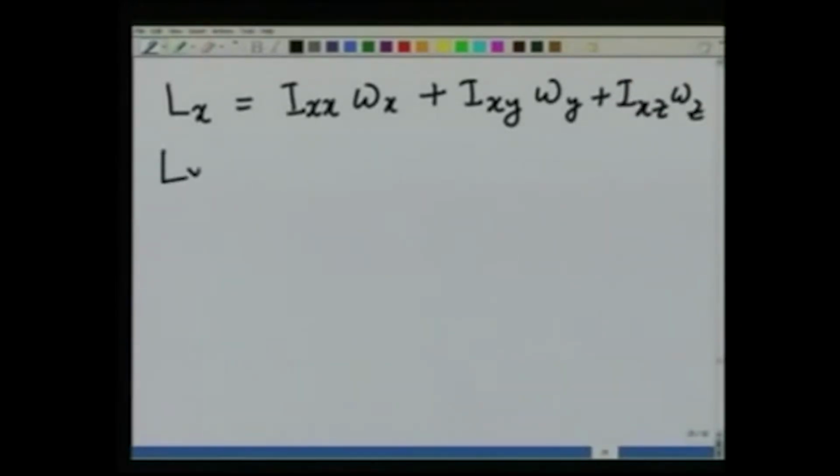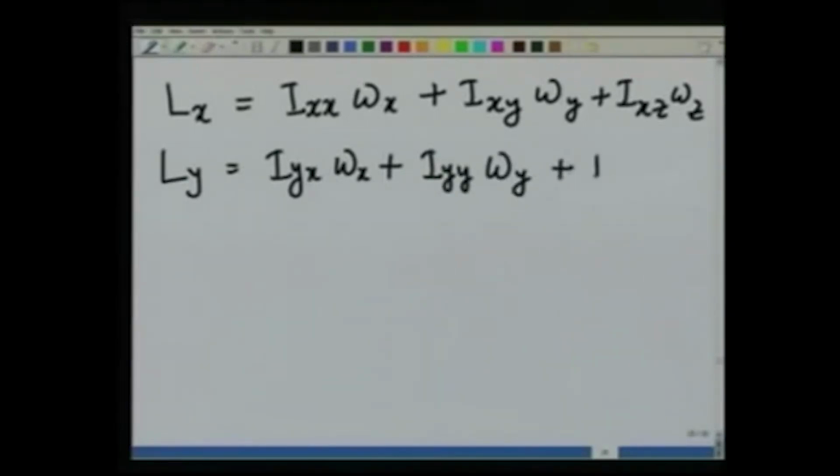Similarly, you will find Ly would come out to be Iyx omega x plus Iyy omega y plus Iyz omega z, where Iyx is again a product of inertia involving mi, yi and xi.